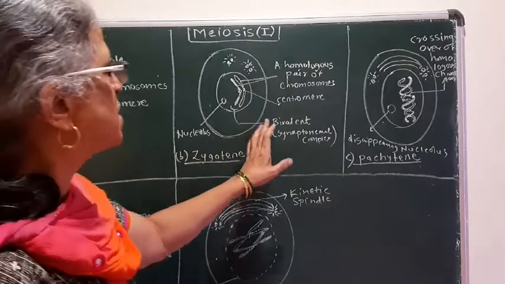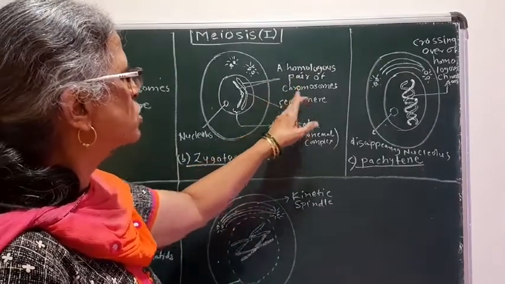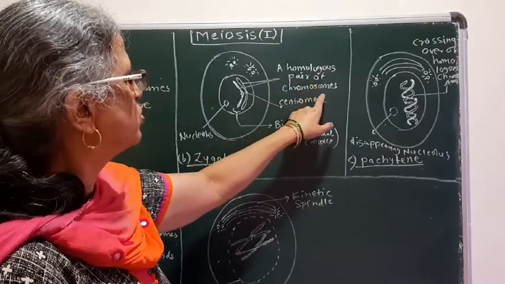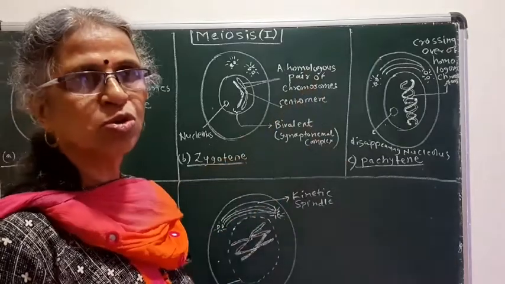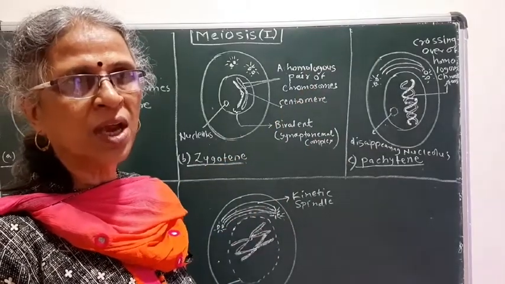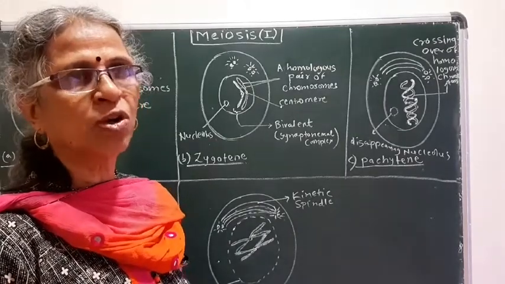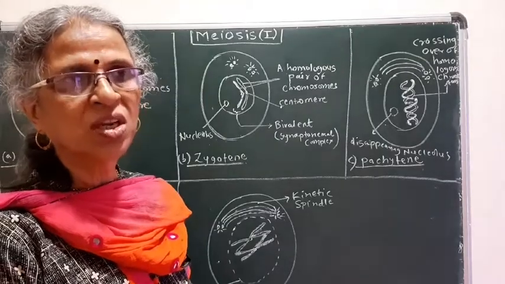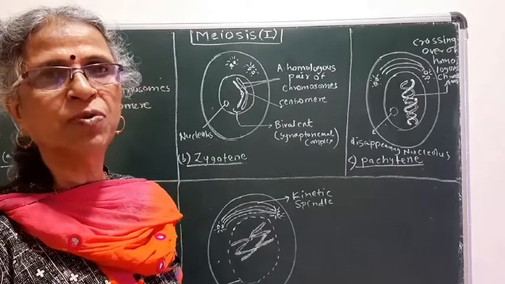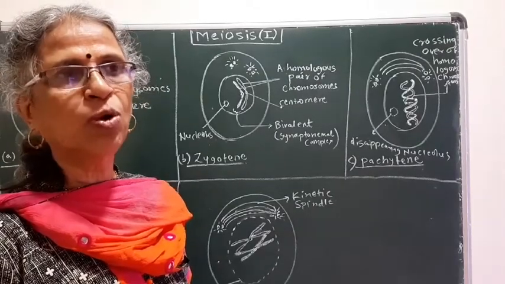Now what happens in zygotene is the pairing of homologous chromosomes. I have written over here a homologous pair of chromosomes. So what are homologous chromosomes? These have the same genetic material, the same length, and the same morphological and genetical structure. One chromosome is maternal, coming from the mother, and the other is paternal, coming from the father.